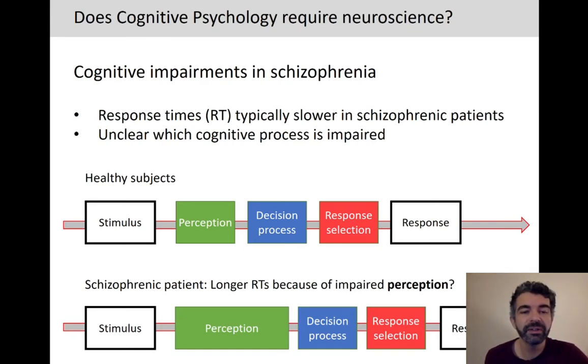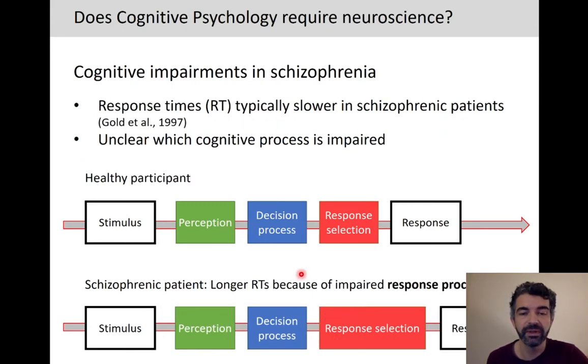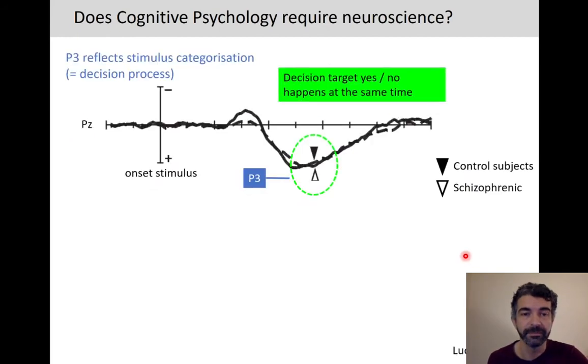Imagine that the perception is taking longer. That, of course, would require different treatment than, for example, if the response selection is delayed in participants with schizophrenia. So how do we tell these things apart? Because any of these could be affected if we detect a later response.